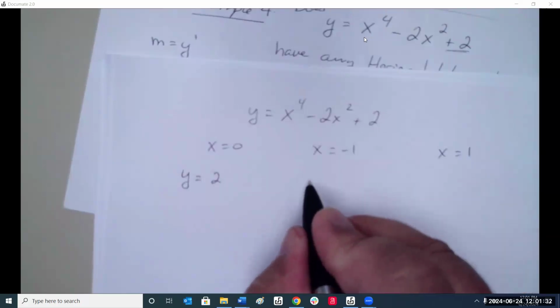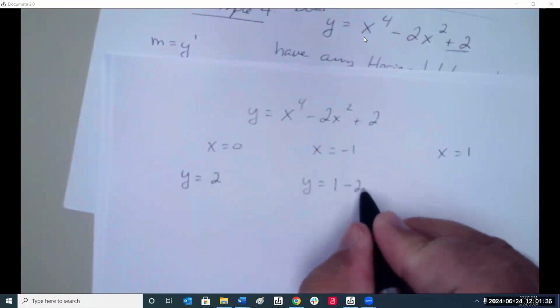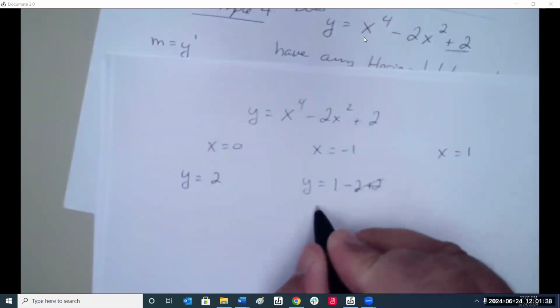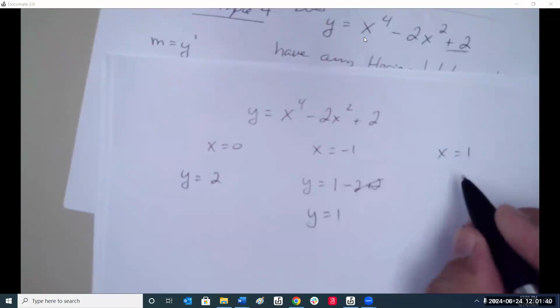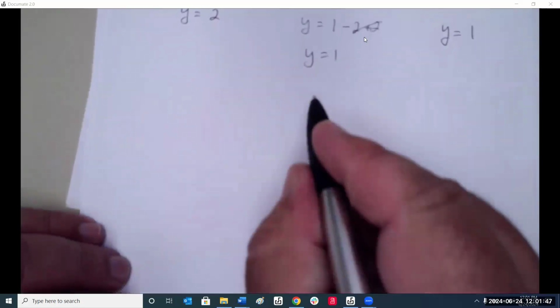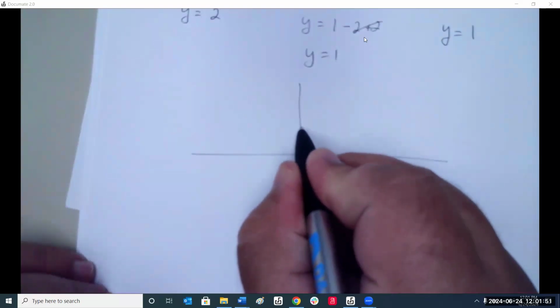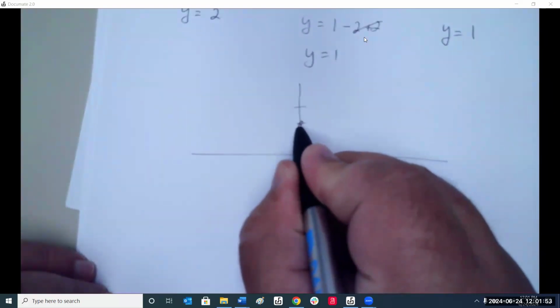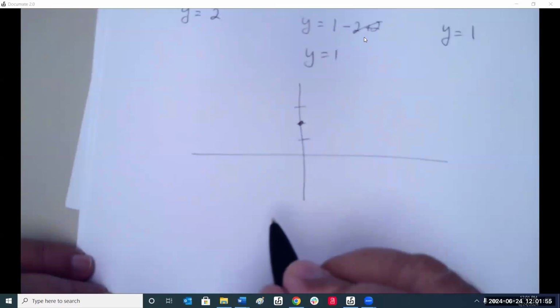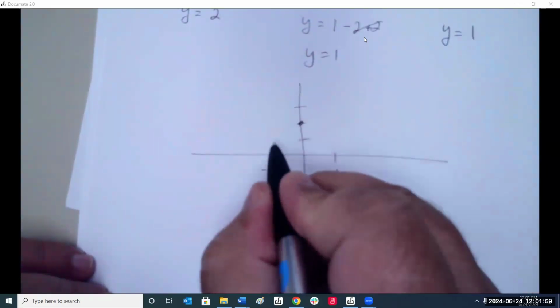We get 1 minus 2, we get 1. So if we graphed this one, at 0 it's 2, at -1 and +1 it's 1.